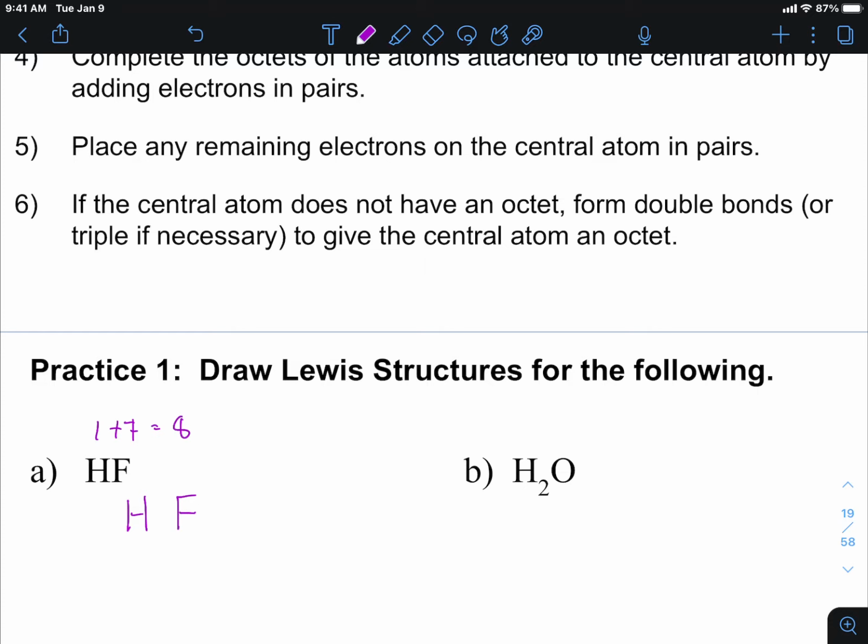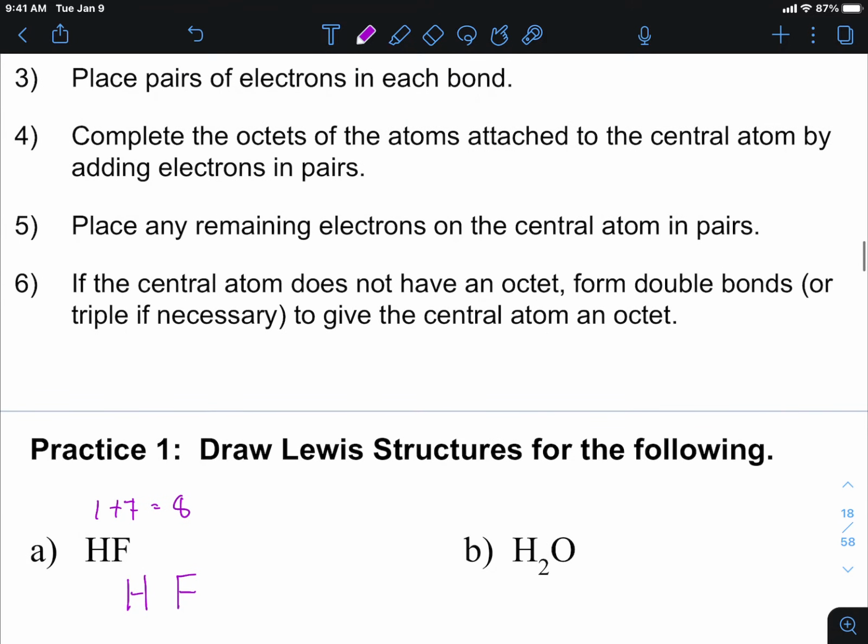Okay. Rule 3. Place pairs of electrons in each bond. So the bond, these 2 atoms are bonded this way. So a line constitutes one bond. It constitutes a pair of electrons. All right. Step 4.